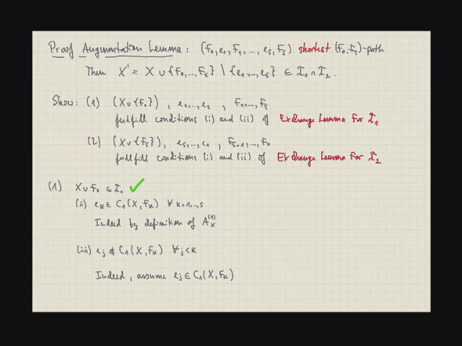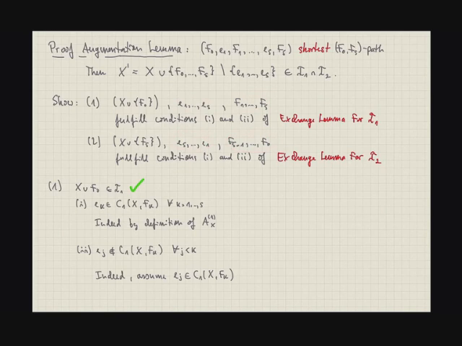The only thing that we have to verify is that these two conditions are really fulfilled so that we can apply the exchange lemma, right? Because the conclusion of the exchange lemma will be that this is a feasible exchange, exchanging these E's by these F's, and the same here, and the result in both cases is exactly the same.